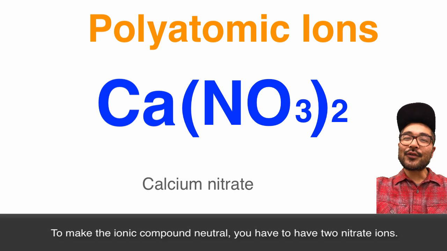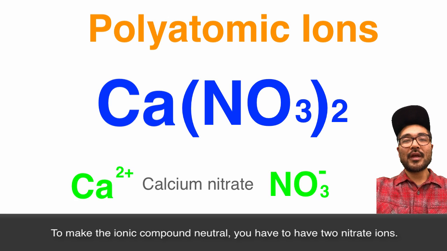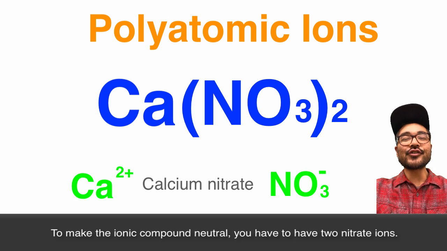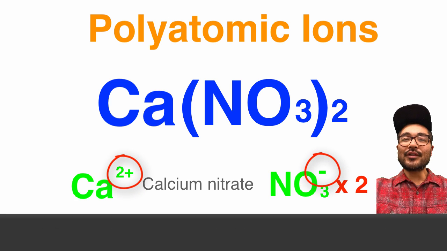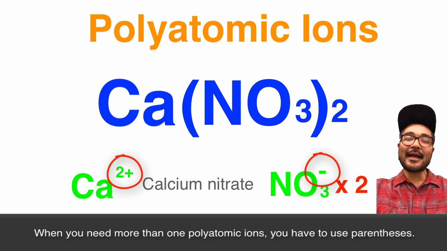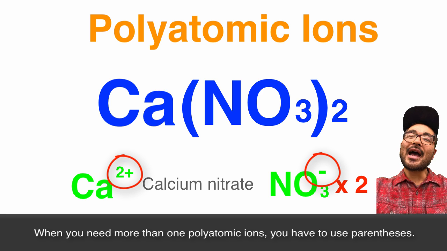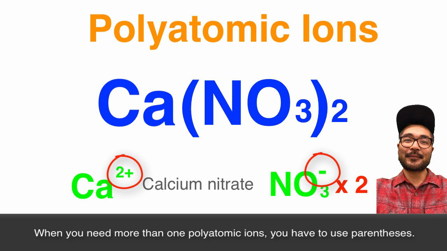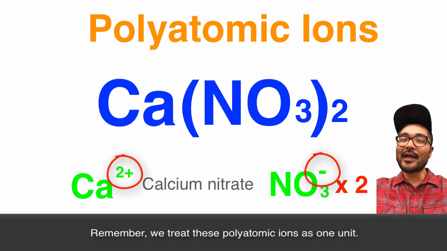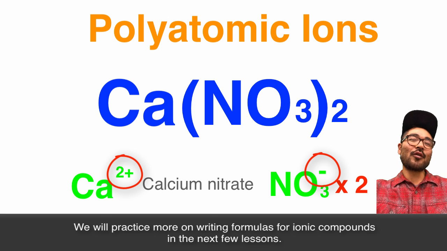To make the ionic compound neutral, you have to have 2 nitrate ions. When you need more than one polyatomic ion, you have to use parentheses. Remember, we treat these polyatomic ions as one unit. We will practice more on writing formulas for ionic compounds in the next few lessons.